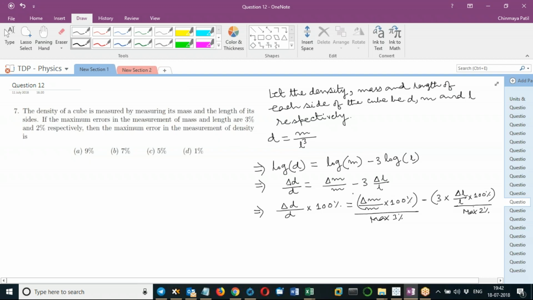So in case the error comes in negative in case of delta L by L, it is better to take their absolute value, because that is the maximum error according to the question.